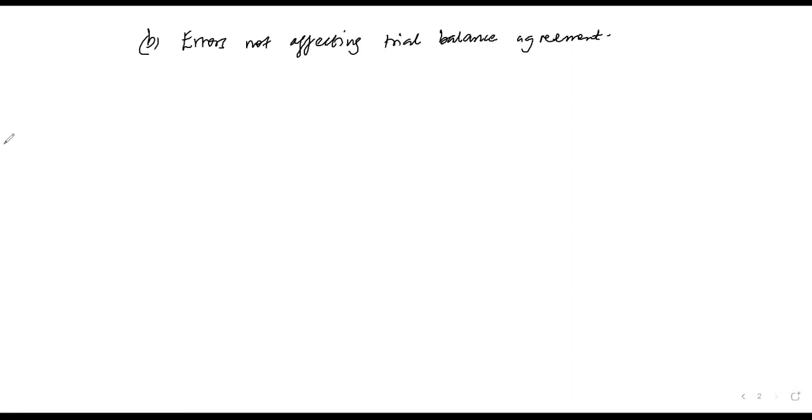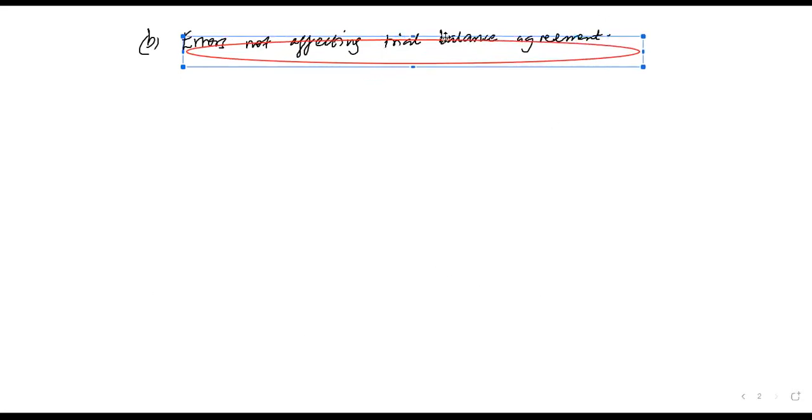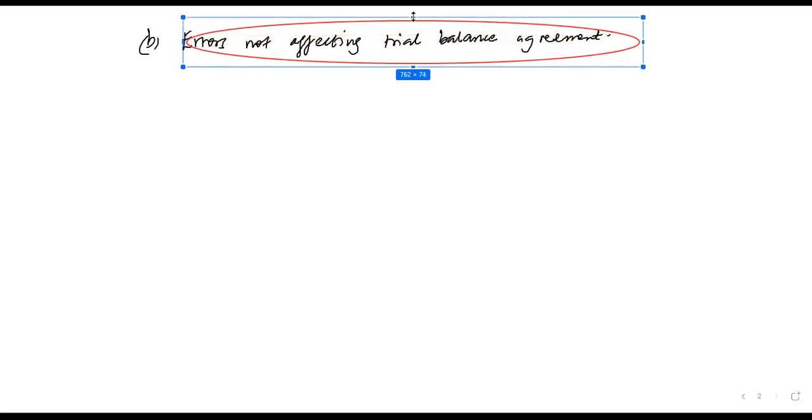You're required to explain any 4 of these errors. So let's look at those errors that do not affect the balancing of the trial balance. I'll explain them, giving you some examples as well.